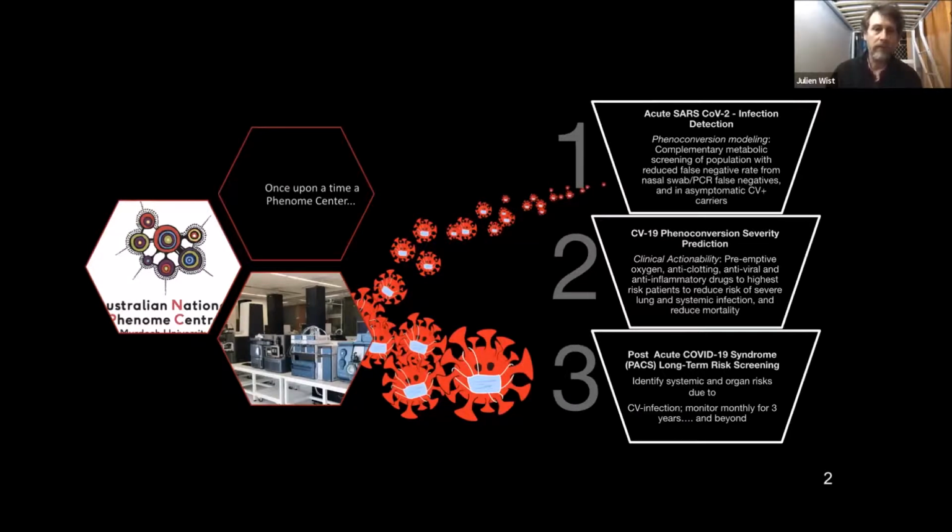Obviously it shaped the whole research program, and a lot of things shifted into research about COVID-19. At the very beginning, the first question was about the detection of the infection and the virus, or the direct effect of the virus on the metabolism, and to see if we could complement the diagnostic methods available at that time, very early in the pandemic.